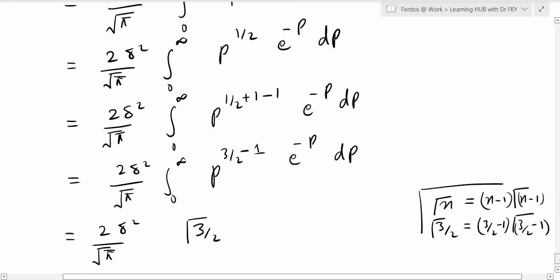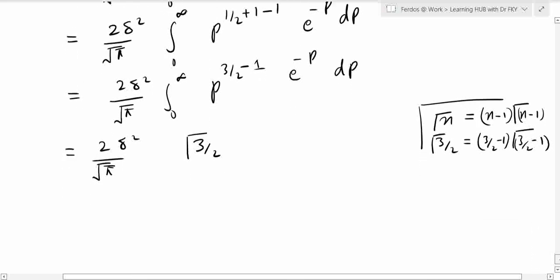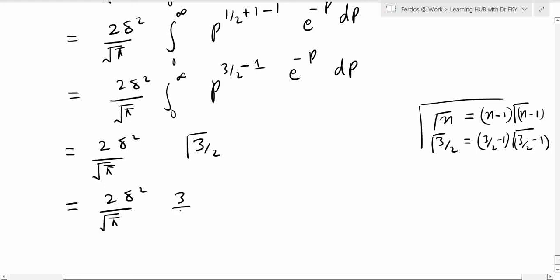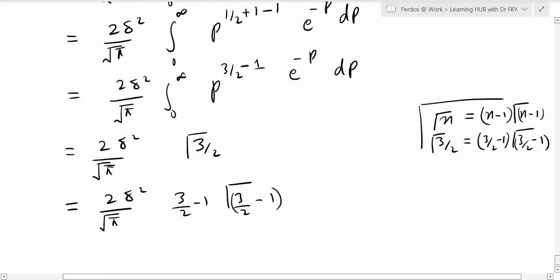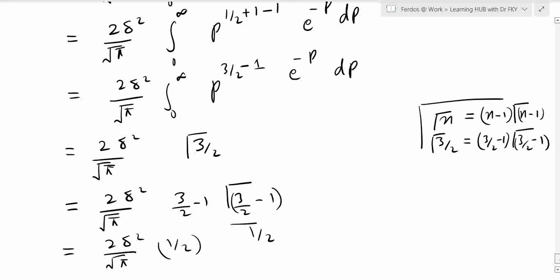Okay, so we can solve this. This is 2 sigma square divided by square root of pi, times 3 by 2 minus 1, times gamma function of 3 by 2 minus 1. So this is equal to 1 divided by 2 and this is gamma of 1 divided by 2.